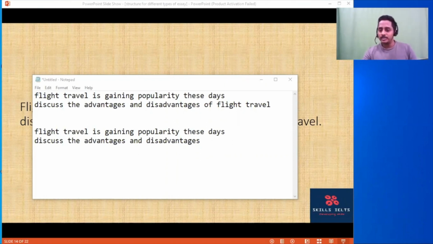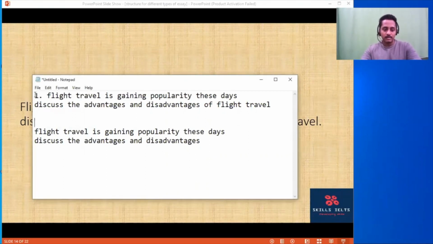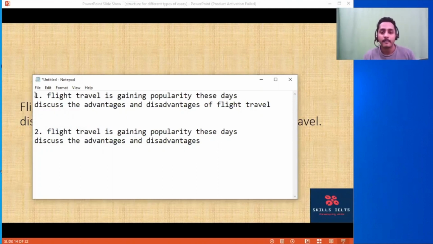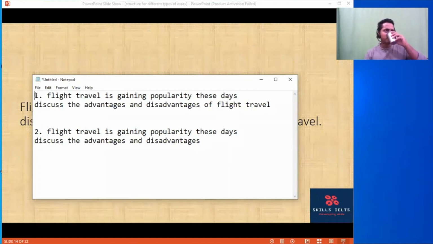Very clear. So the question is very simple. What has to be written in the first question? Just tell me that. In the first question, we will discuss the advantages and disadvantages of flight travel. For example, what are the advantages of flight travel? Distance can be covered in lesser time. Excellent.